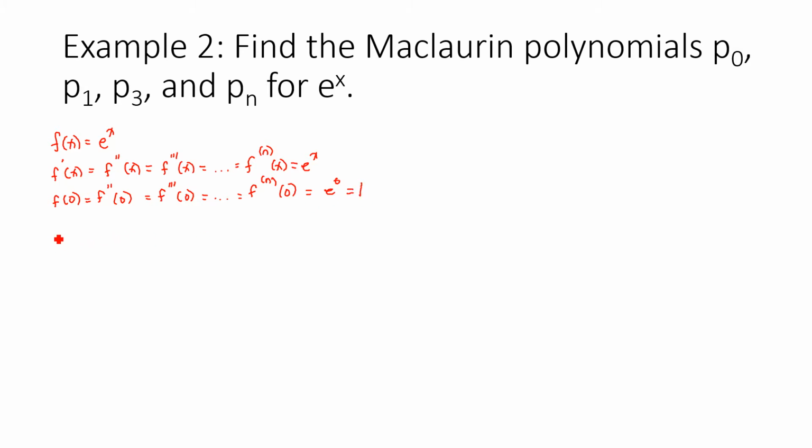Therefore, we could have our p sub 0 of x is equal to f of 0, which is equal to 1. Our p sub 1 of x would be equal to f of 0 plus the first derivative of f of 0 x, which is equal to x plus 1.